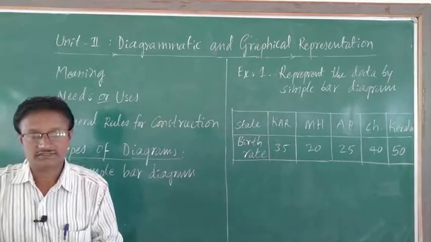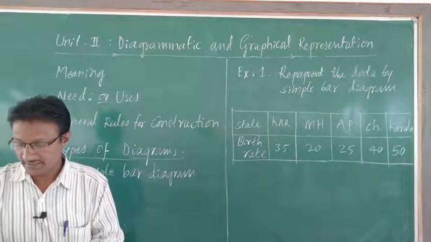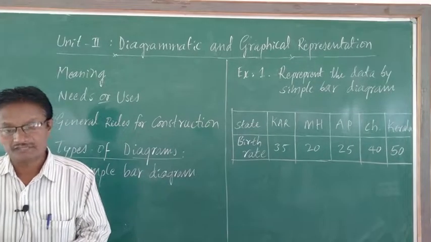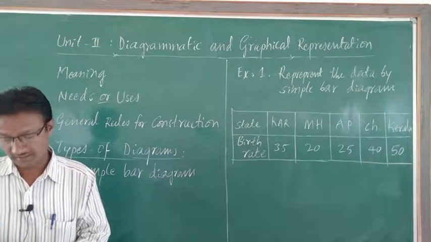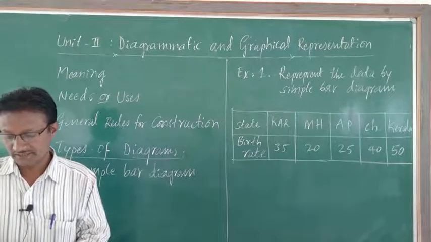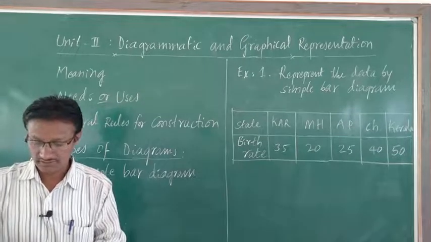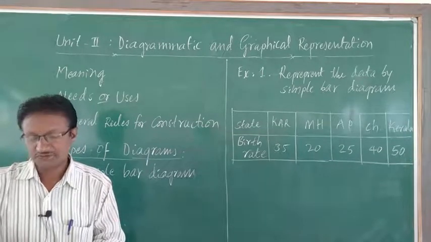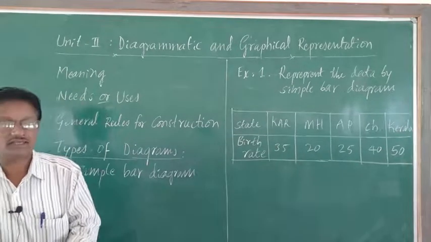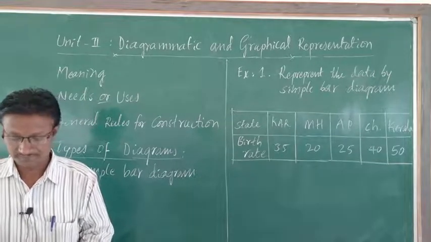Next, number third is diagrams should be attractive. Various colors, shades can be used to make it more attractive. Next one is diagrams should be drawn with the help of geometrical instruments.